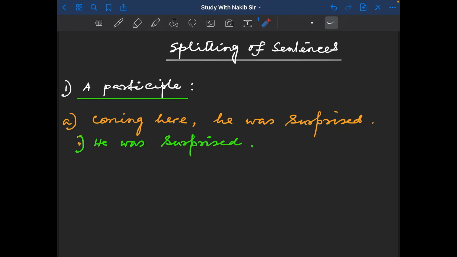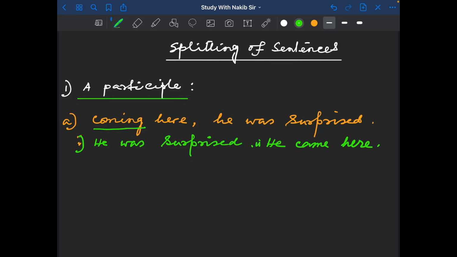Now come to this point, coming here, and subject he, so take he as the subject of the sentence. So he, and coming will become come. The main verb is in the past tense, so come will become came. So he came here. So he was surprised, he came here.